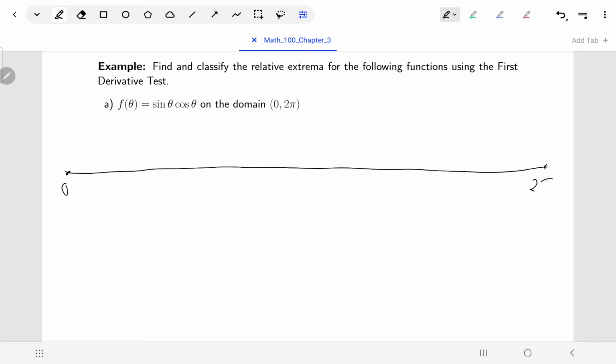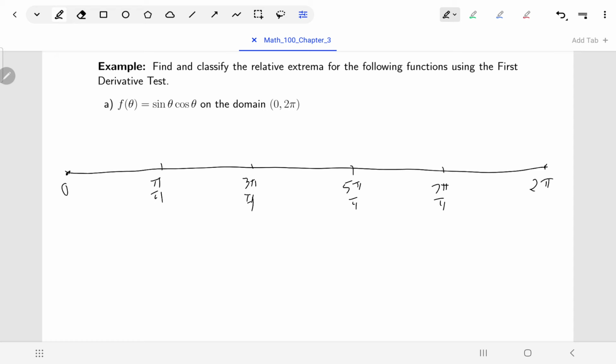So previously we found that over the interval from 0 to 2 pi we had critical numbers at pi over 4, 3 pi over 4, 5 pi over 4, and 7 pi over 4.